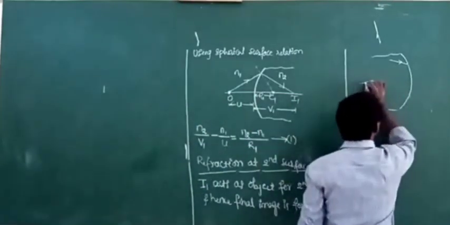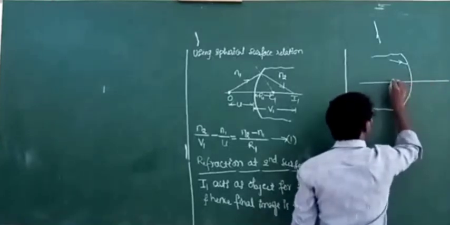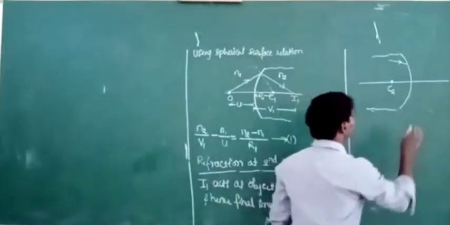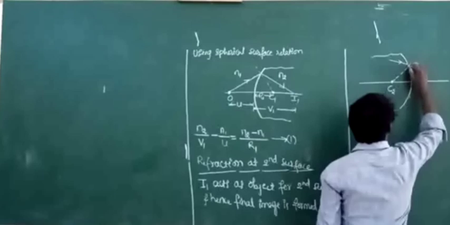The light is traveling from which medium to which medium? That is from the denser medium to the rarer medium, lens to air. The center of curvature of the second surface I will take as C2, and the normal is drawn from the center of curvature to the point of incidence.